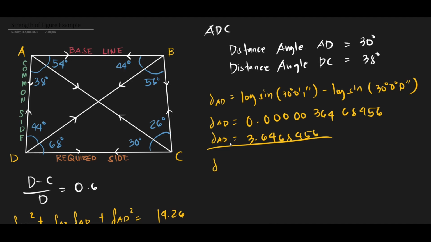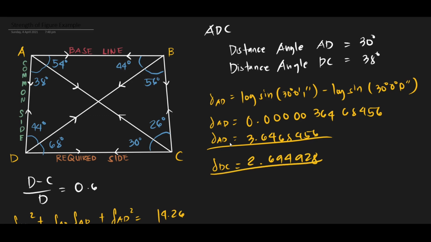And then delta AD, I mean DC, delta DC. Delta DC will be, so it's the same thing, no? Instead of using 30 degrees, you just use 38 degrees. So you subtract the 1 second difference, then you will get here 2.694928.